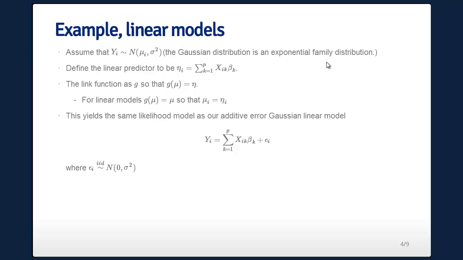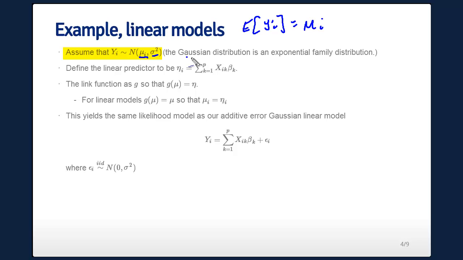Let's go to the simplest example of a GLM, which is just rehashing the linear model, which is of course an example of a GLM, but so are other things. So assume that the data are normal, and that yi is the means. I'm going to use the specific notation that expected value of yi is mu i, and then our variance right there, and they're going to be independent.